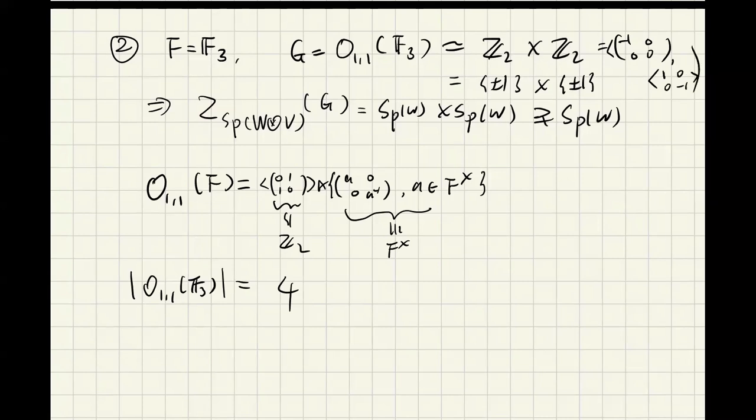So you have another presentation of the group. Anyways, this is O11 F3, which is just 2 cross 2.